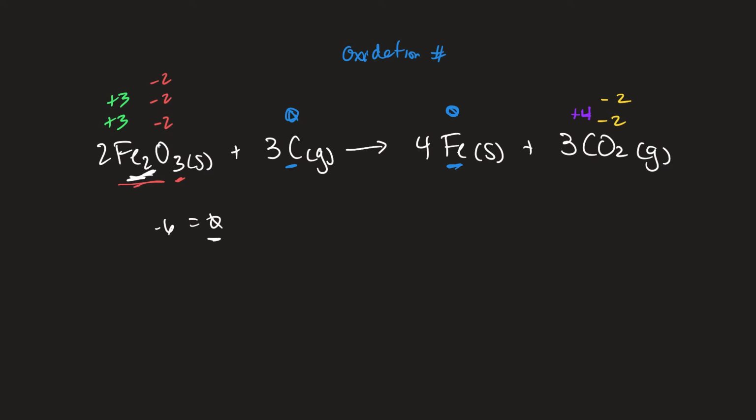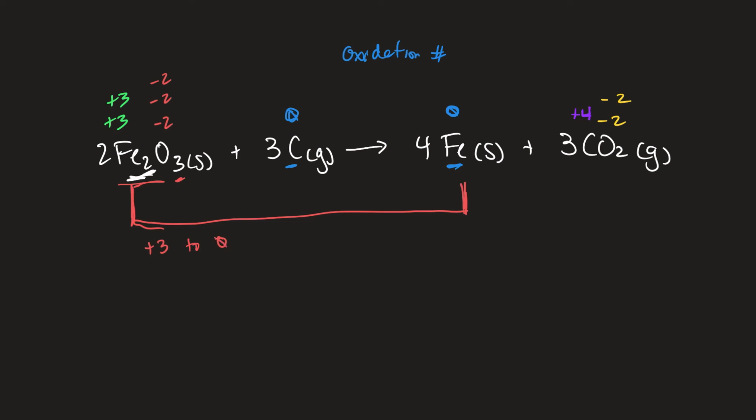So now let's determine what has been oxidized, what has been reduced. Okay, so let's look at iron. Let's compare this iron to this iron. What's going on? Well, it starts off from a +3 to a 0. All right, and so in this case, we see that the oxidation number of iron goes from +3 to 0.